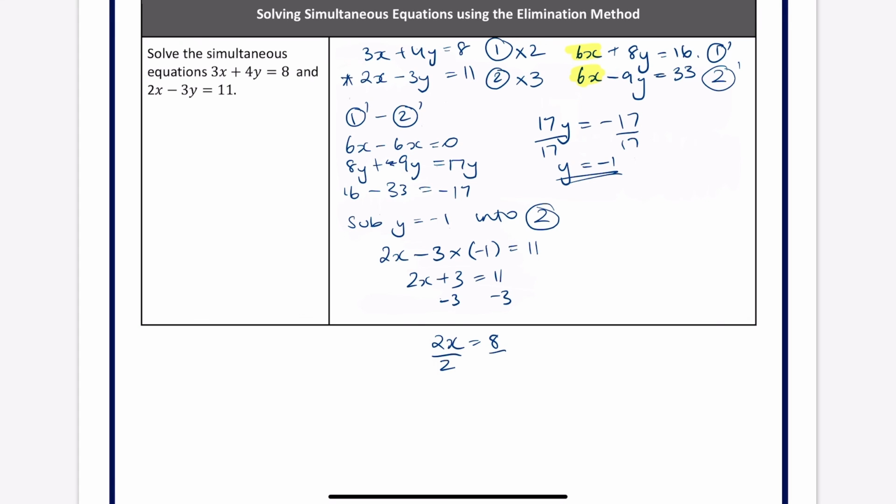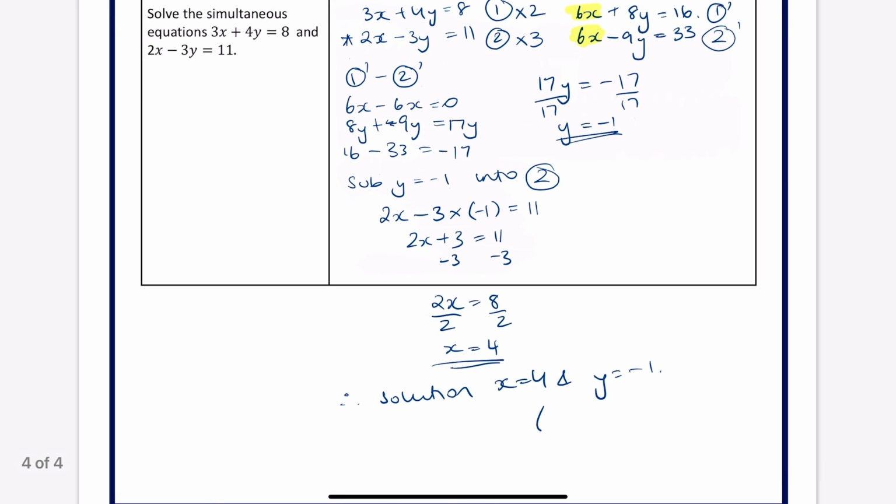Divide by 2 on both sides. x equals 4. Okay, so therefore our solution to this one is x equals 4 and y equals -1, which can also be shown as an ordered pair of (4, -1).